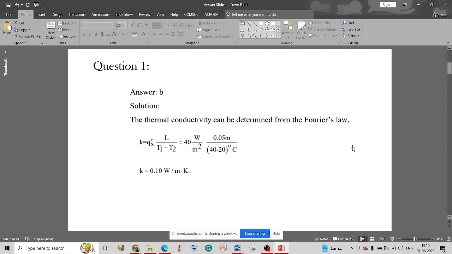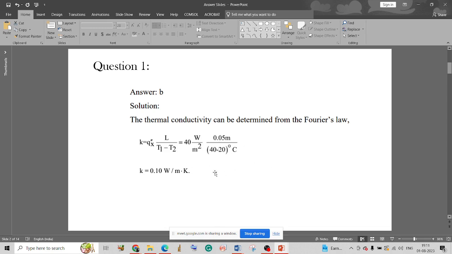Applying Fourier's law, we know that by Fourier's law, Q is equal to minus K into delta T upon the distance where the transfer of temperature will take place. So we'll just use this equation. One side temperature is 40 degrees, another side temperature is 20.